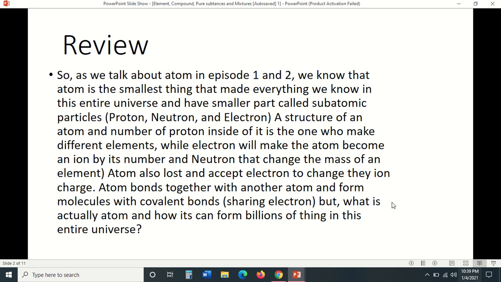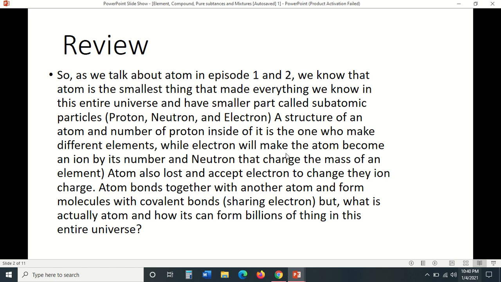If I add a proton and a neutron, so the protons become two, and there is a neutron to form a nucleus, it is not hydrogen anymore. It will become the second element in the periodic table, helium. So the structure of an atom and the number of protons inside it is what makes different elements.